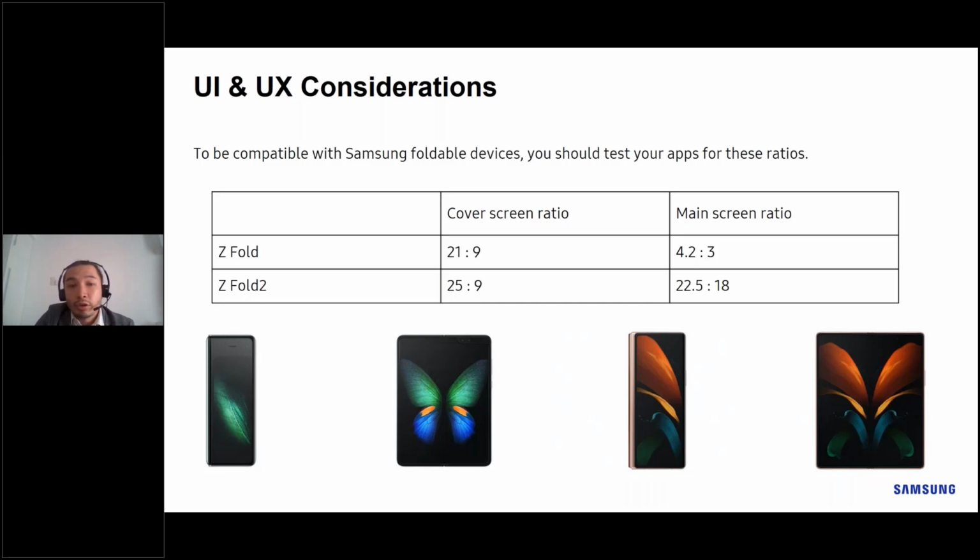So there are no shortcuts in addressing this diversity of aspect ratios. You will need to really test and support them, on the actual ratios as best as possible. To be compatible with Samsung foldable devices, you can test your apps through the following ratios.